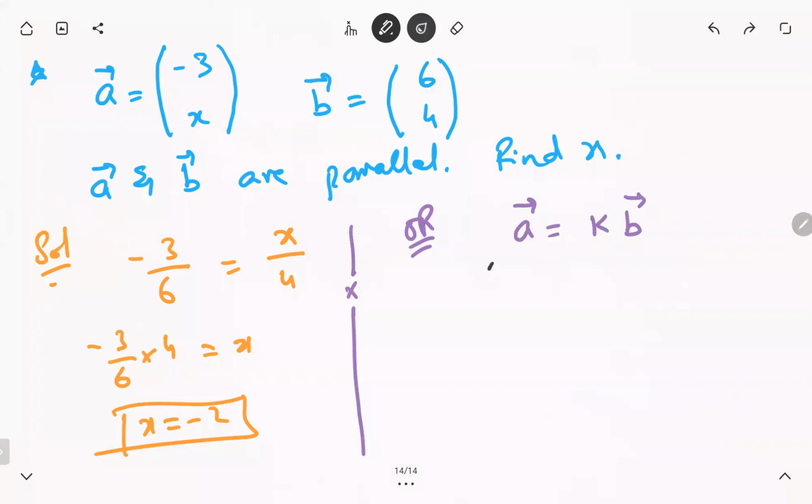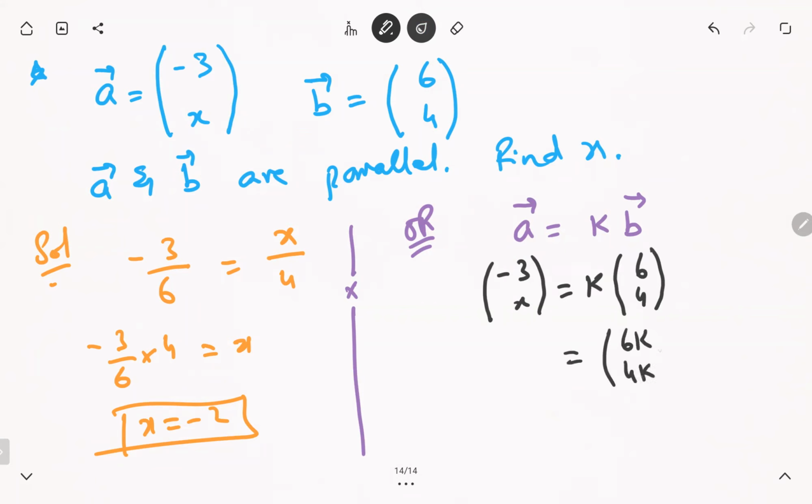So copy vector A here, -3, x, is equal to k times copy vector B here, 6, 4. Now इसके बाद it's totally matrices. K को अंदर multiply कर दें, you will get 6k, 4k, and here you get -3, x. So -3, x is equal to 6k, 4k.